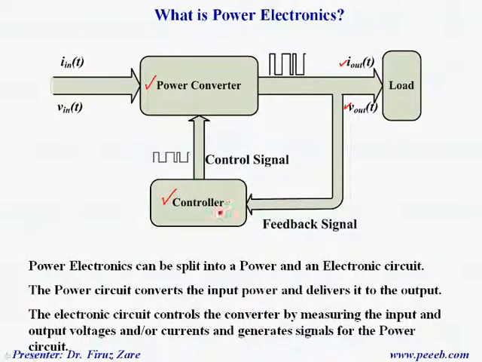So that means the controller compares the output voltage or current with the reference, and then generates the signals at low voltage, low power. And then we can turn on and turn off the power switches in the converter to chop the high voltage or high current in order to generate the same signal, same voltage or current waveform, in a very high voltage, high power system.